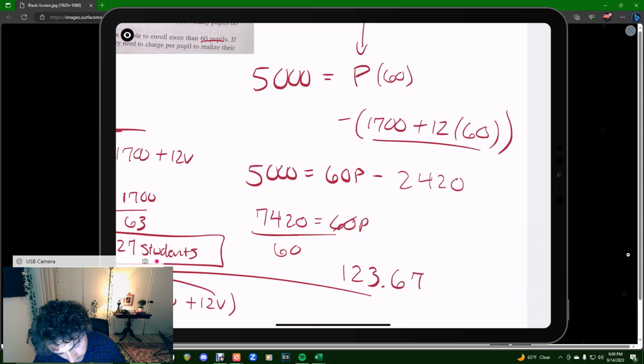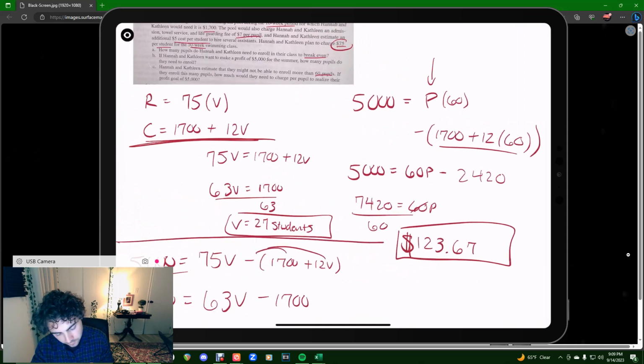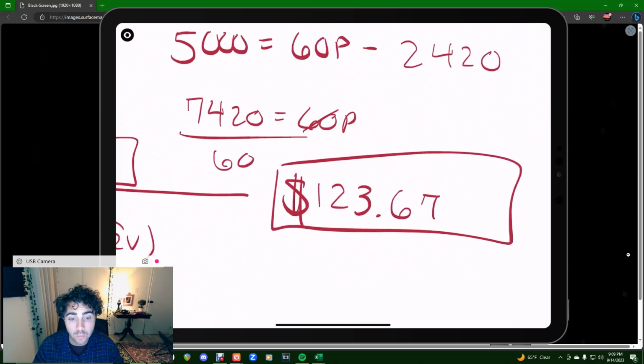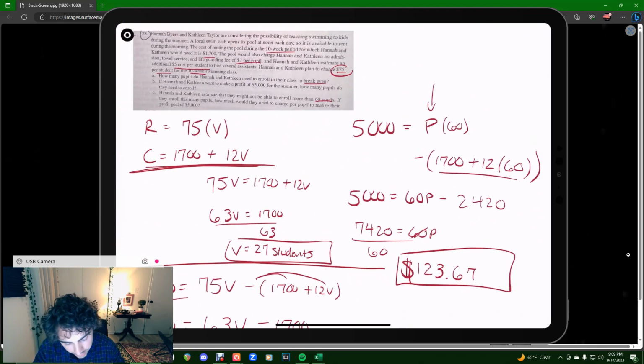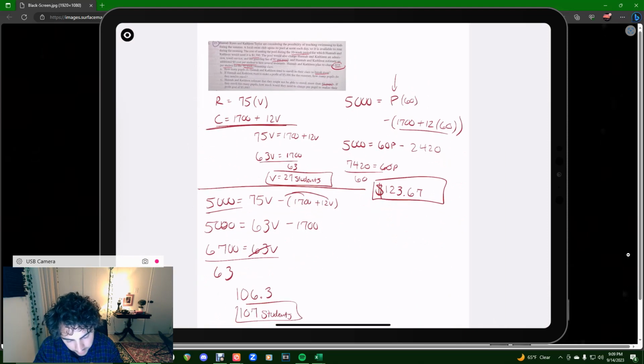And we're thinking price here, right? This is how much they're charging per student for the 10-week program. So they're looking at $123.67 for a 10-week class, which I think is pretty reasonable, maybe. But it's a far bump up from the $75 that it was.